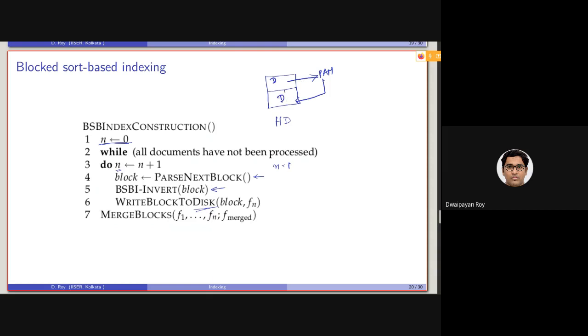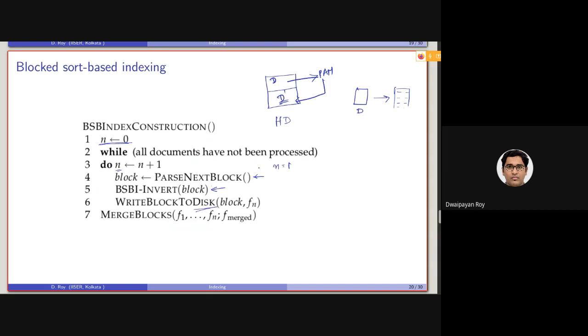This was the raw data, D, and what we are storing back in the hard disk is a list containing the token doc ID pairs.